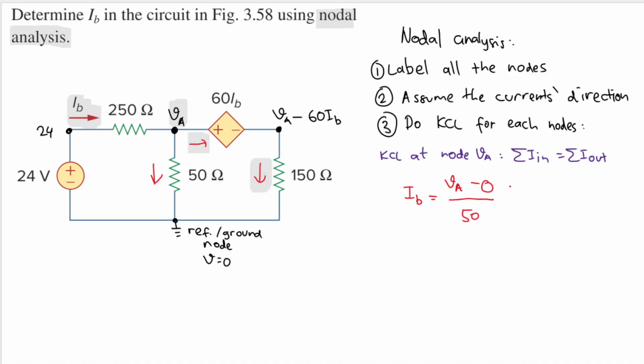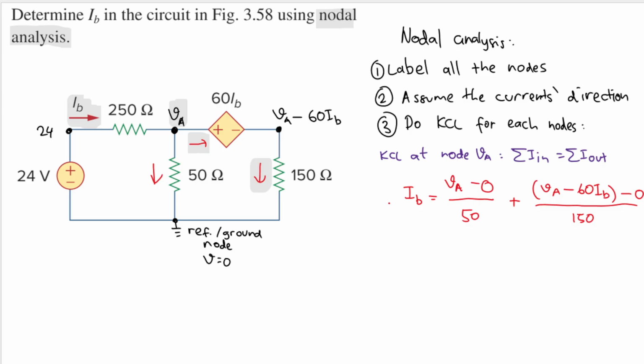And now we will have plus. We cannot calculate from this one, but we can calculate from this one. That current comes from VA minus 60 IB, and then minus 0, and we need to divide it by 150.